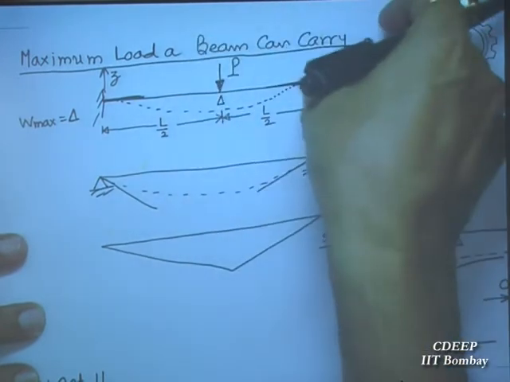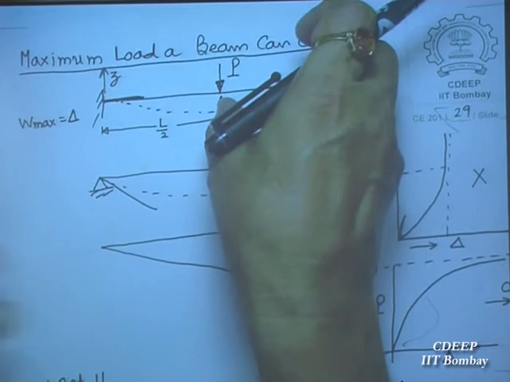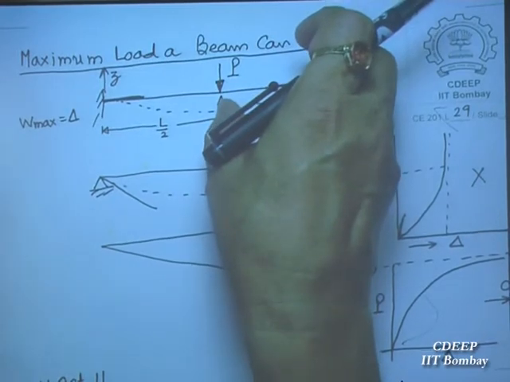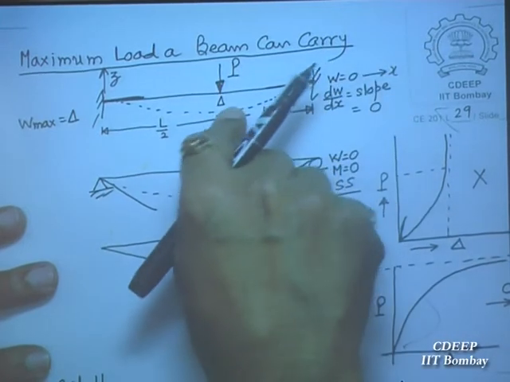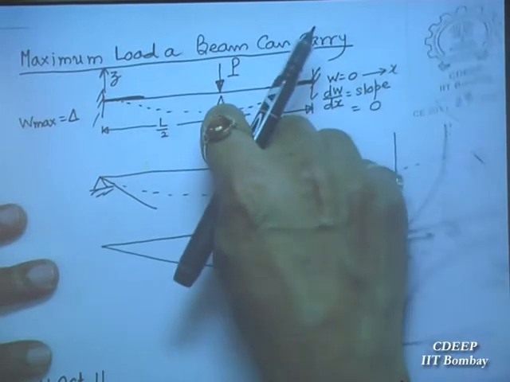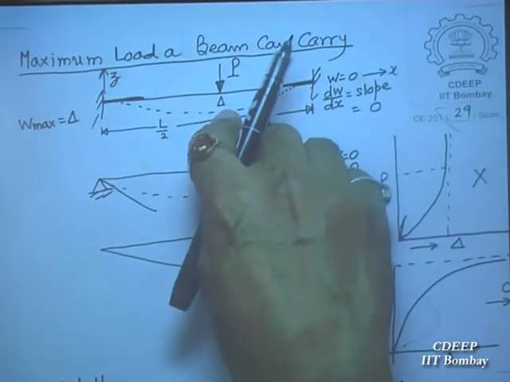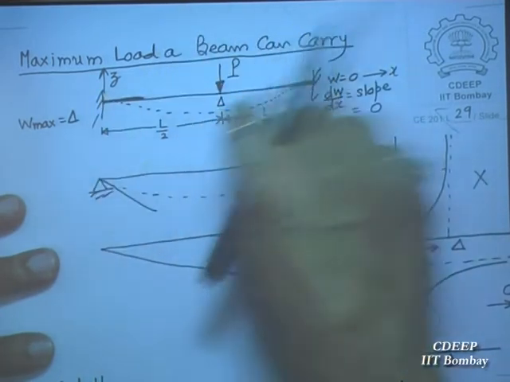As you load, moment will be here, here, and at the center. I will not tell you how to draw the bending moment diagram for this, because there will be moment here, here, and here, so maximum moment will be occurring. Which one will be bigger, I will not tell you right now. But I will tell you these 3 points are points of maximum moment.